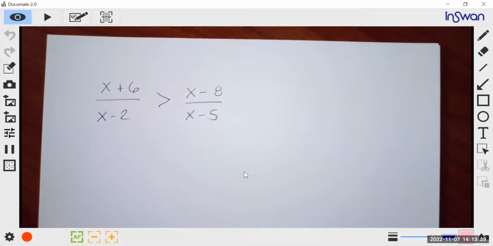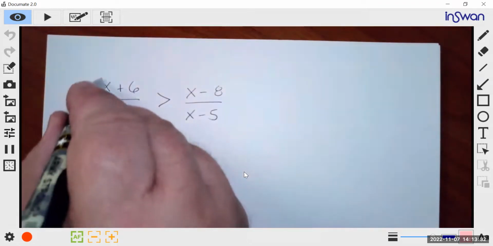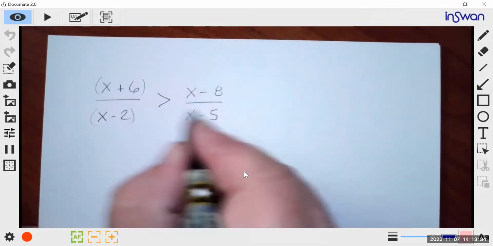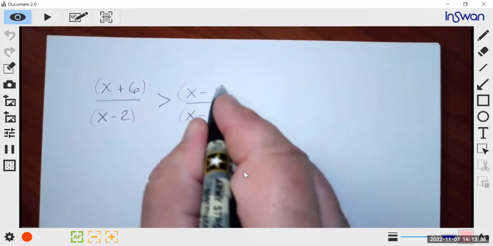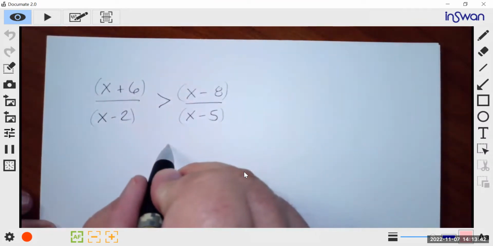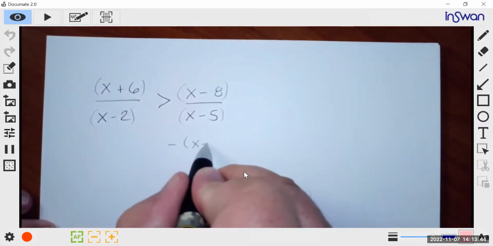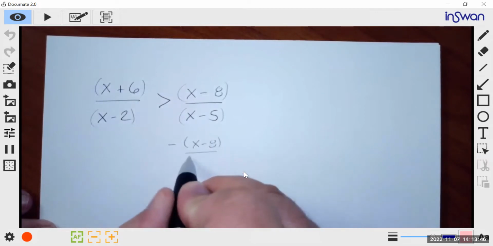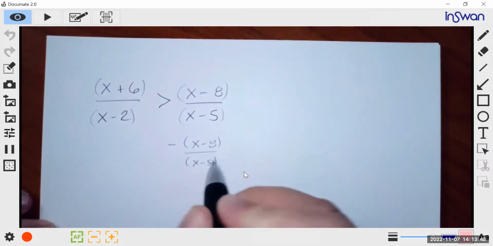Well, it has to have 0 on one side. No, because these are inequalities. They have to stay together. So let's subtract x minus 8 over x minus 5 from both sides.